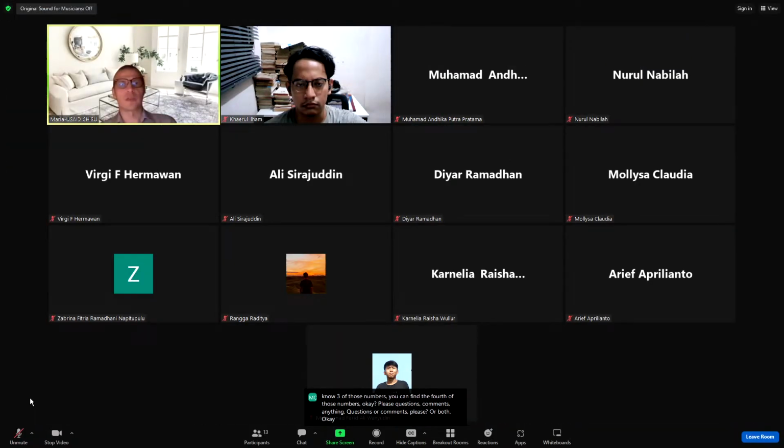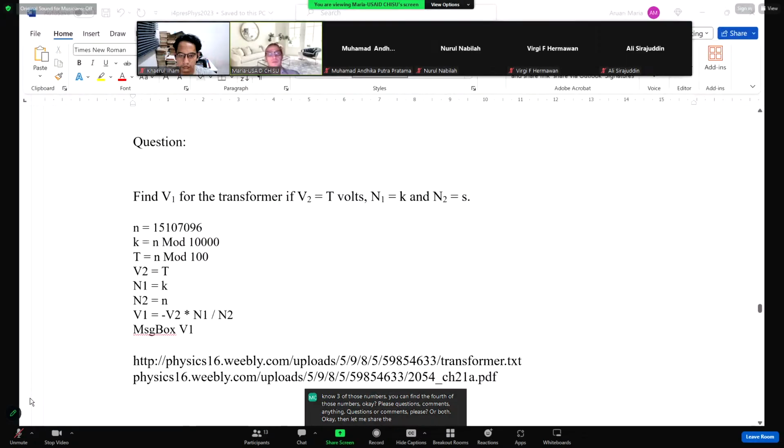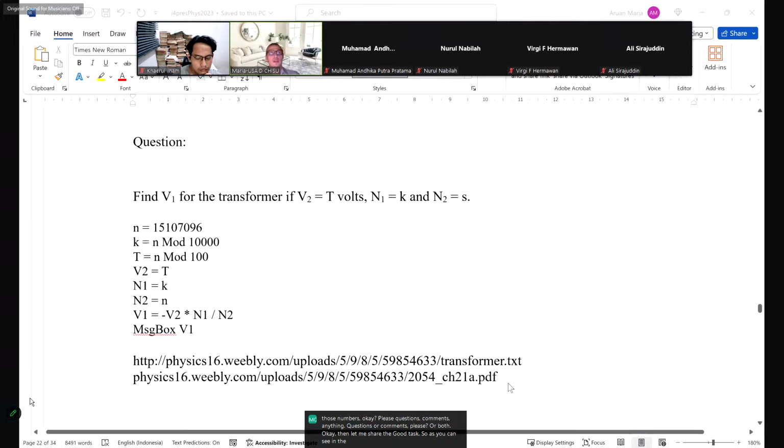Okay, then let me share the task. So as you can see, the PDF file also solves this problem and explains once again, giving the picture of what happens and giving you basically the solution of the problem. Yeah.